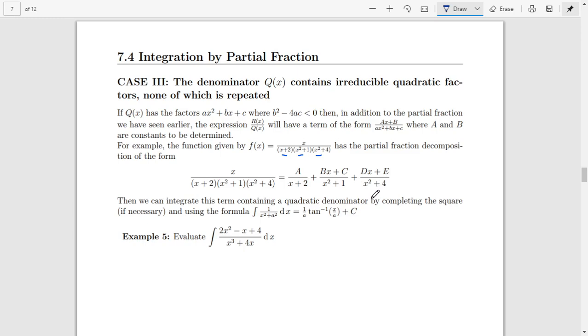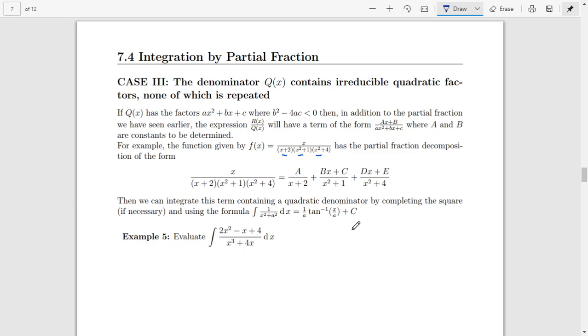So whenever you have an irreducible quadratic term, to decompose it into partial fractions, you write a linear function at the top, and below will be the irreducible quadratic term.